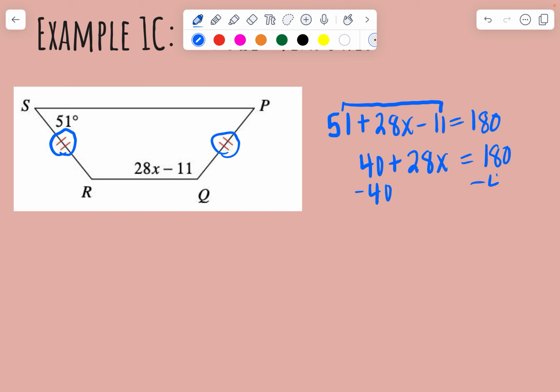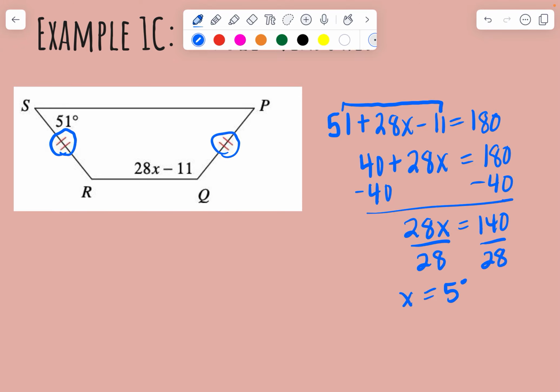Taking 40 from both sides, we get 28x is 140. And then dividing by 28, we get that x is 5.